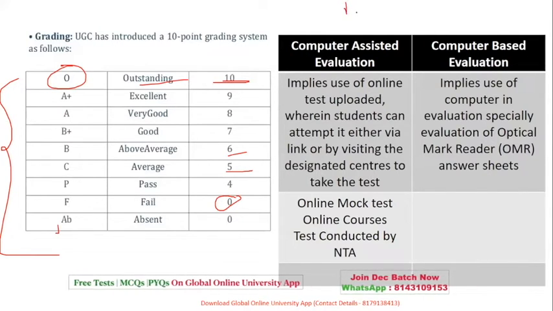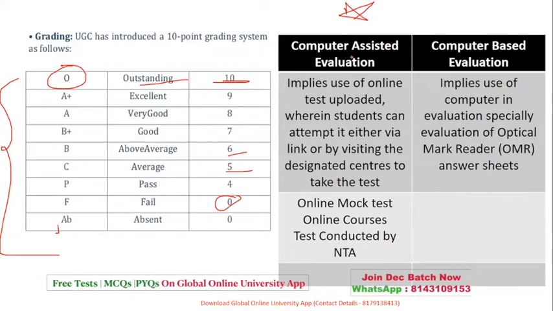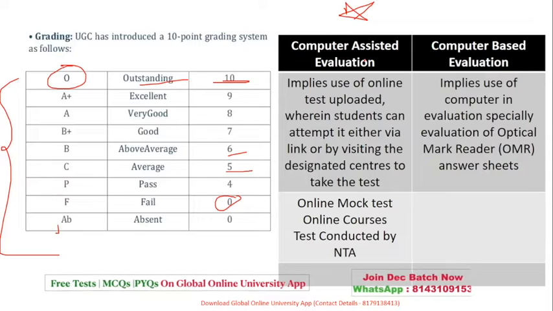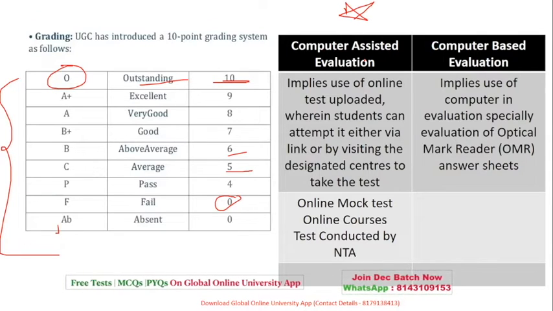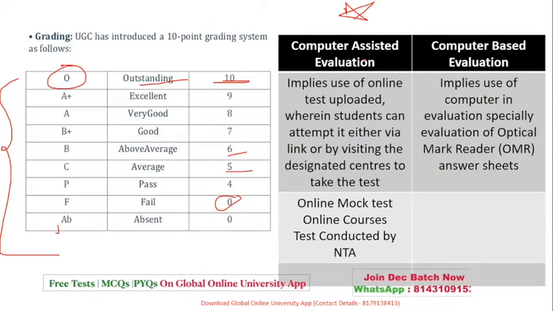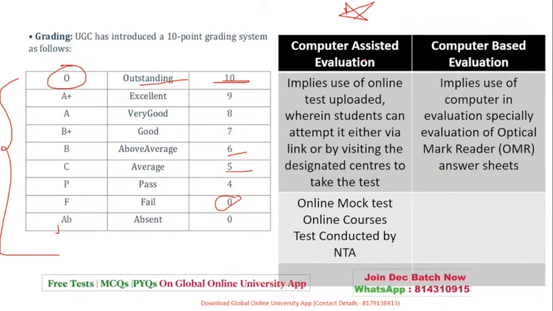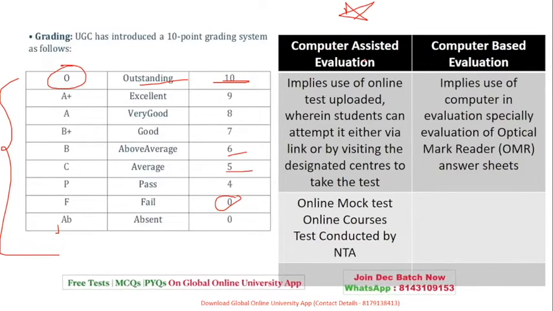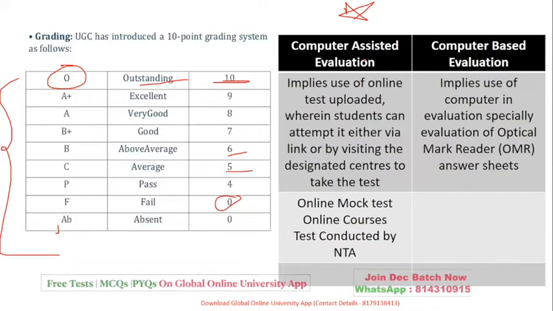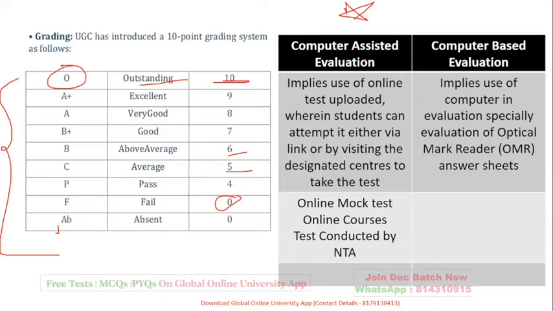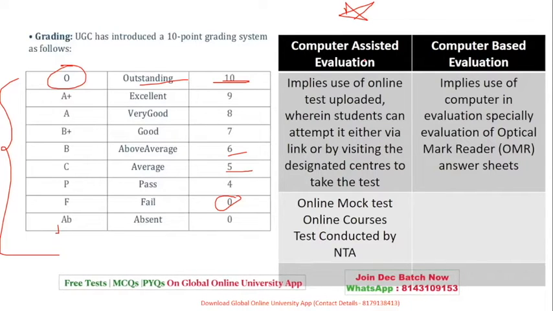Okay. Apart from that, you have something called computer assisted evaluation and computer based evaluation. Assisted means, like in your online examination, with the help of the link given to the students. The same way, even NTA UGC NET conducts this online examination, where specific centers have been allotted and students have to go there and take the online examination.